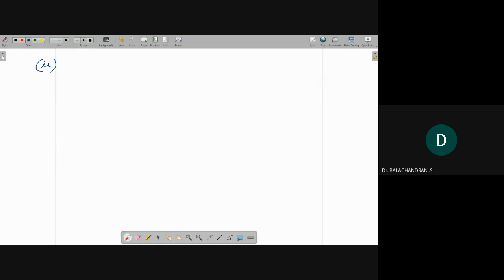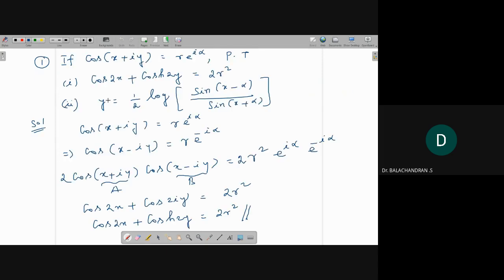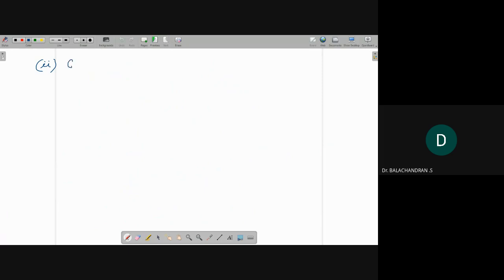Okay, so now what is subdivision 2? What is given here? Cos of x plus iy equal to r into e power i alpha. So given cos of x plus iy equal to r into e power i alpha.